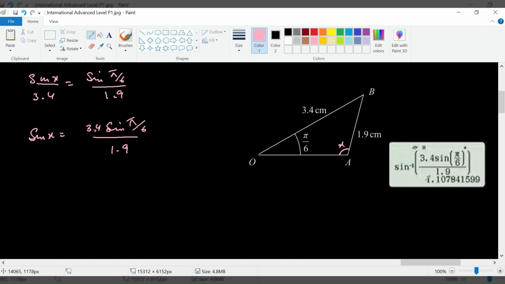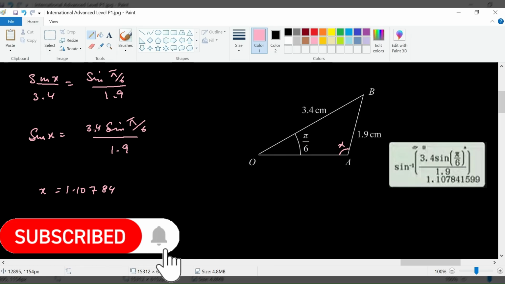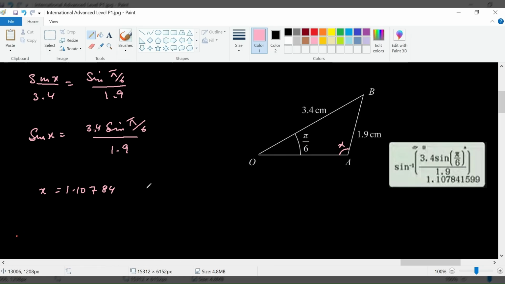On this screen that you can see, I have put all the calculations, and this gives us x is equal to 1.10784. So this is the value of x. But always remember that this is the value that we need to have more than 90 degrees, as you can see. So that means we have to subtract this value from the value of pi.